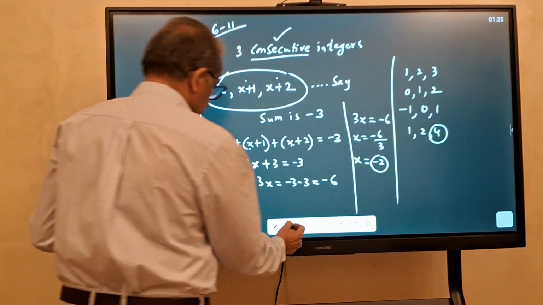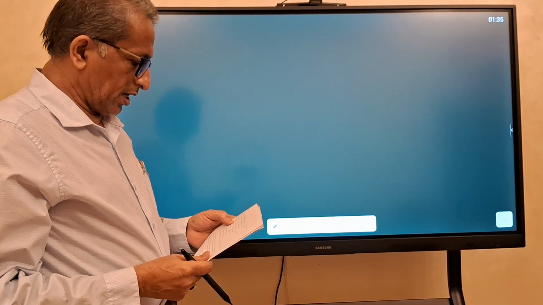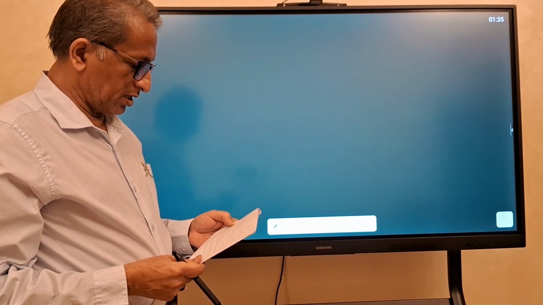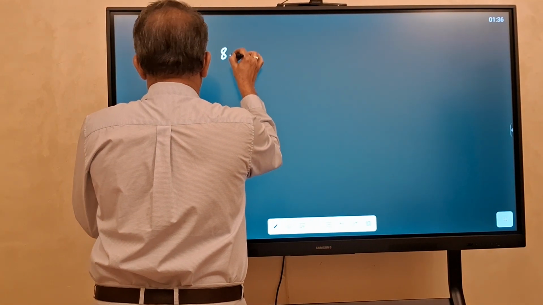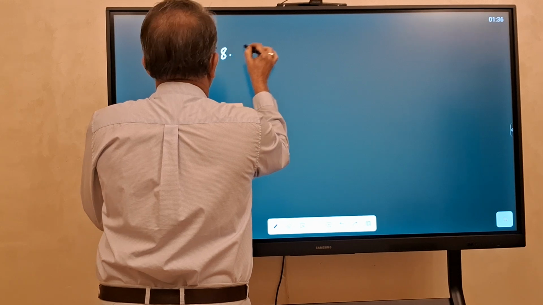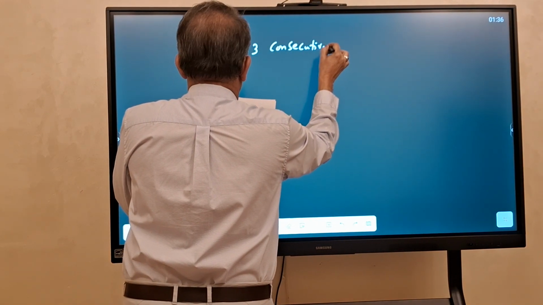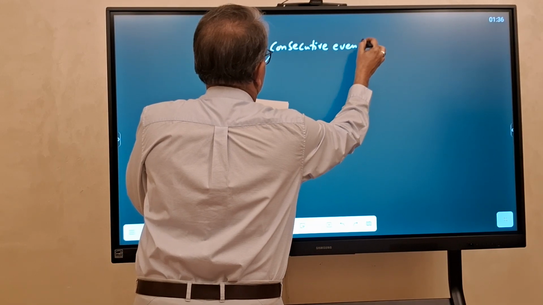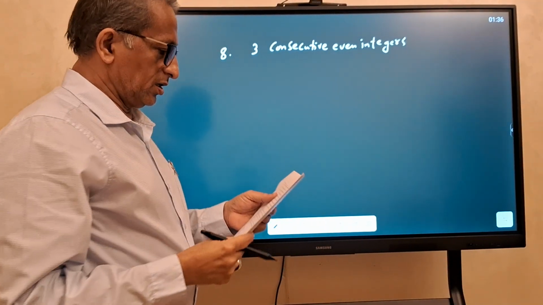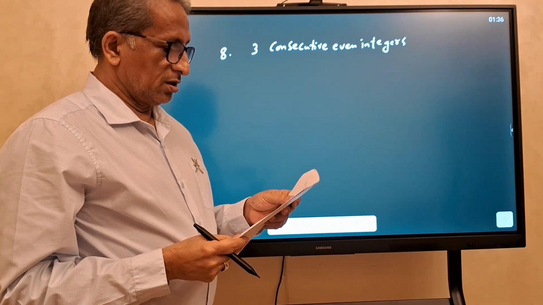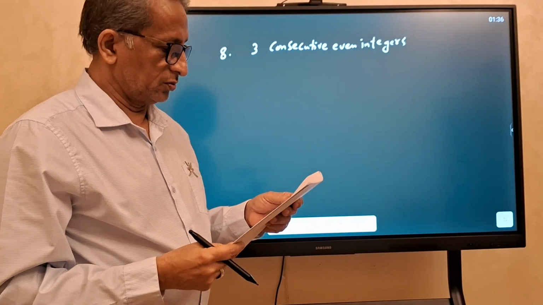Similarly, question number 7. And regarding question numbers 8, 9, 10 and 11, let's say number 8: here you are asked to find 3 consecutive even integers. Question number 9 is 4 consecutive even integers, just add one more.